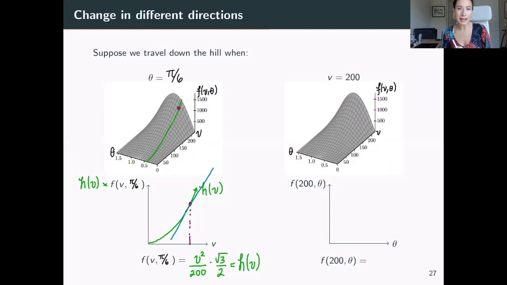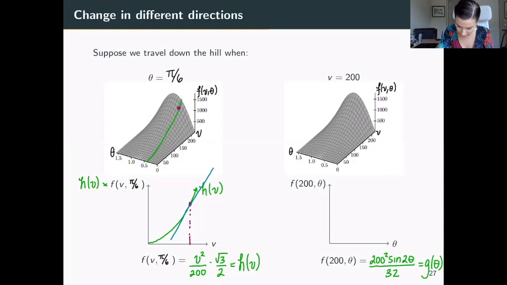We can do the exact same thing for when I fix v to be equal to 200. In that case, remember what we had was that our function ended up being 200 squared times sine of 2 theta divided by 32. And again, this is another function which I could call g of theta. It's a single variable function in this case.